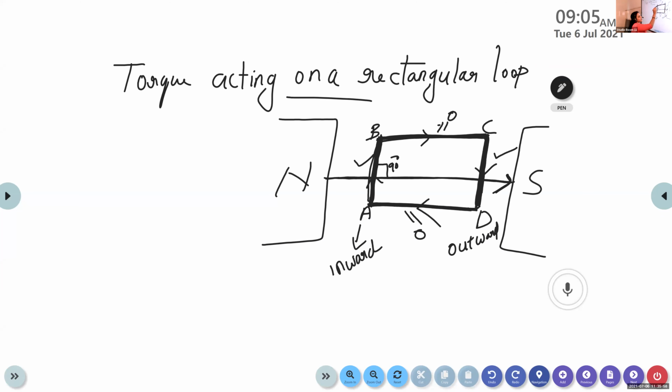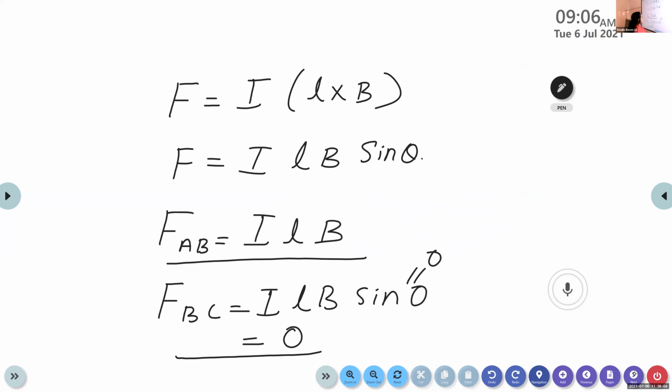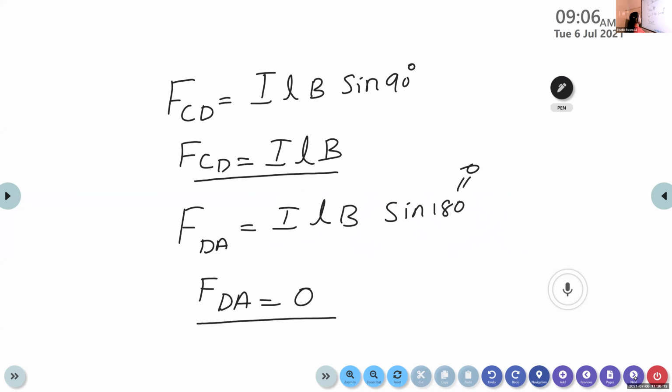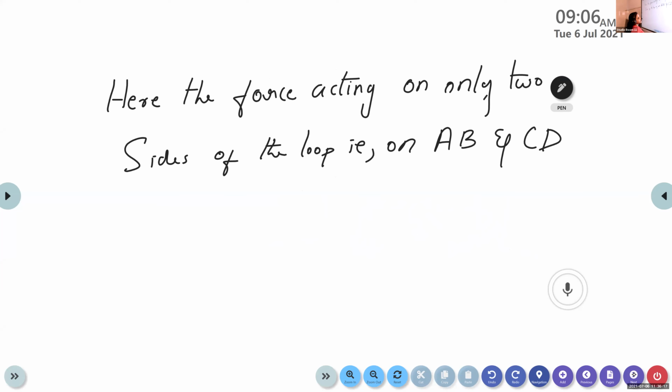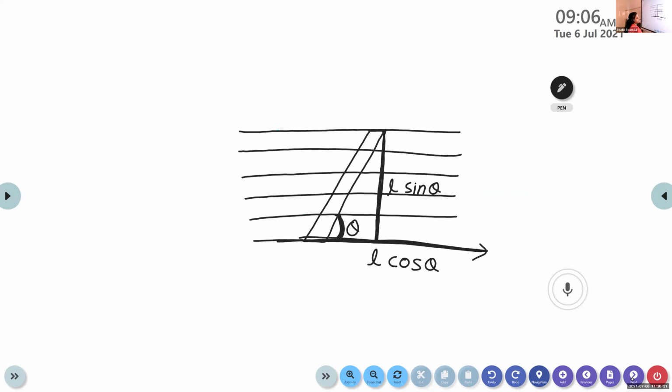Since it is a rectangular loop, the force is acting on each side of the rectangular loop. So we find an expression for the force acting on each side, that is FAB, FBC, FCD, and FDA. From this expression, it is clear that the force is acting only on two sides, that is on AB and CD.